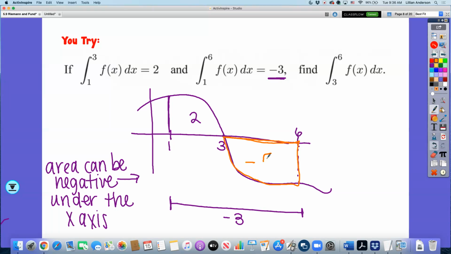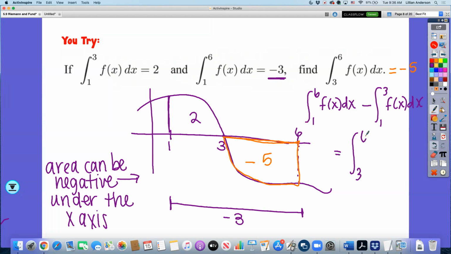You would subtract the 2, and it would be -5. If you didn't see that, think of it like this. If I know the area from 1 to 6, and I know the area from 1 to 3, by subtracting them, I will get the area that's left over from 3 to 6.